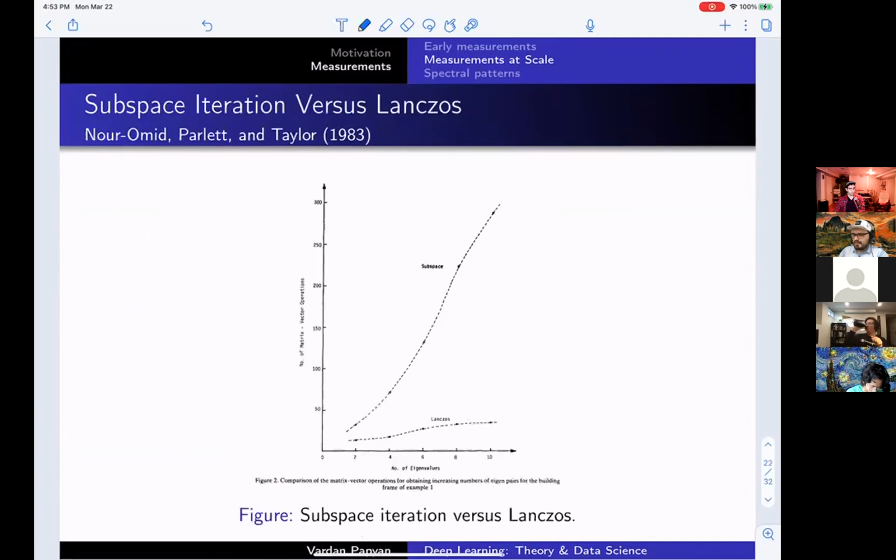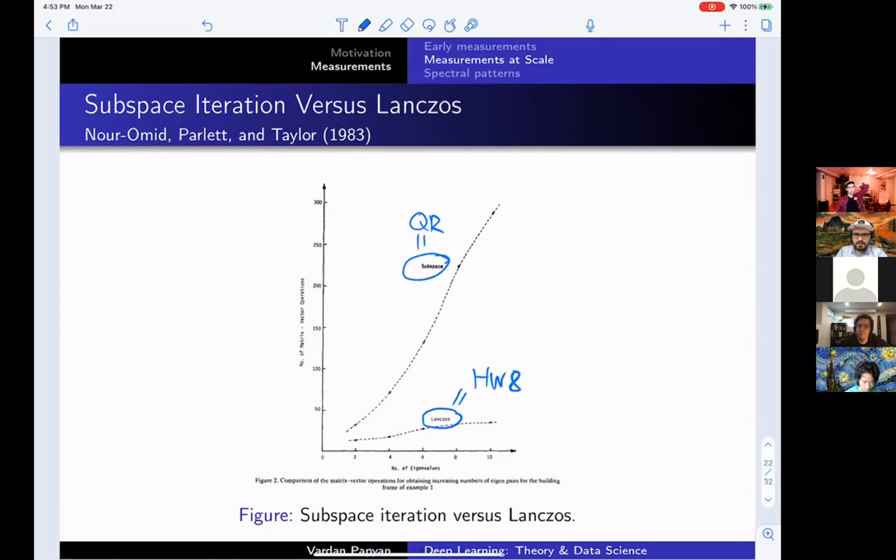And here is a comparison that shows you how Lanczos behaves versus subspace iteration. Subspace iteration is using the QR algorithm. Lanczos is an algorithm that I have not described yet. And this is the algorithm that you would implement in homework 8, okay?